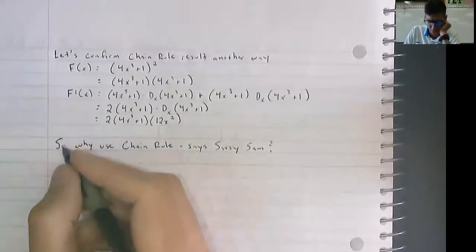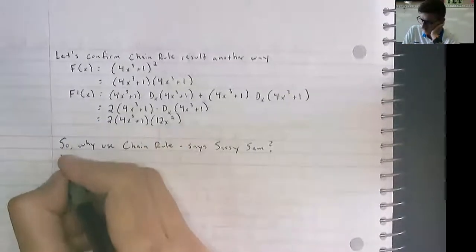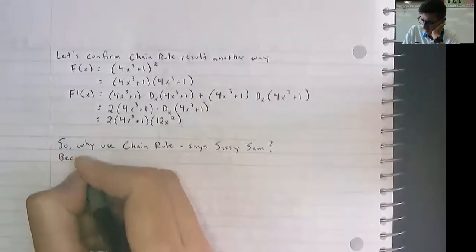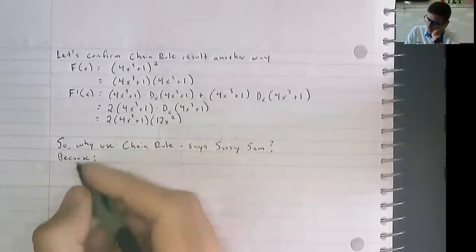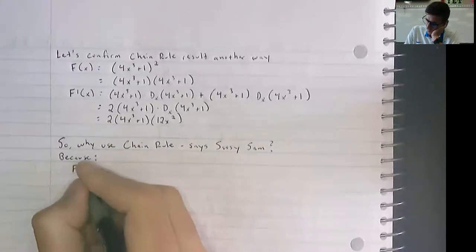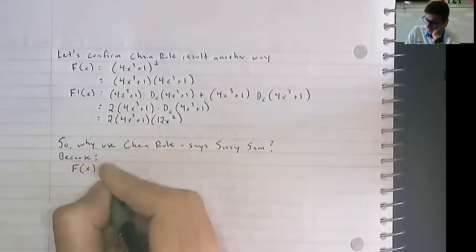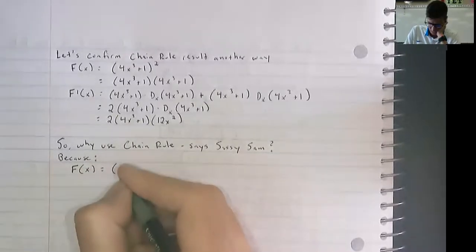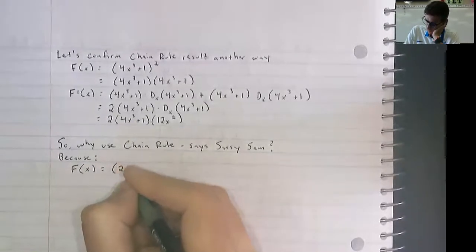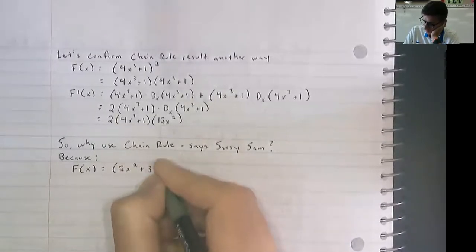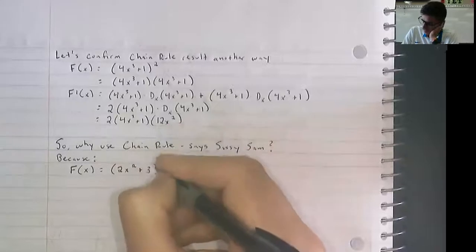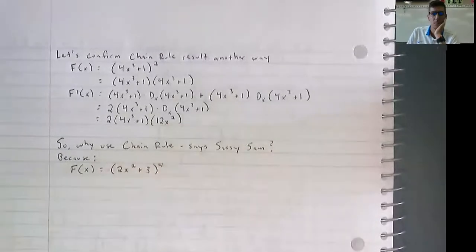Consider something truly hairy. What happens if big F of x is equal to something like (2x squared plus 3) to the 4th?